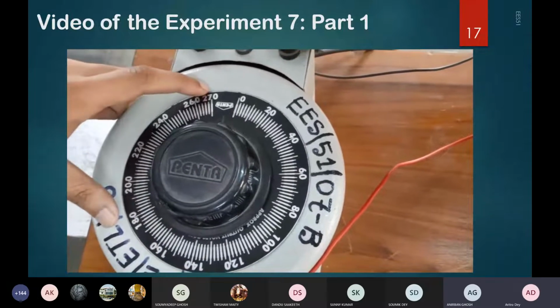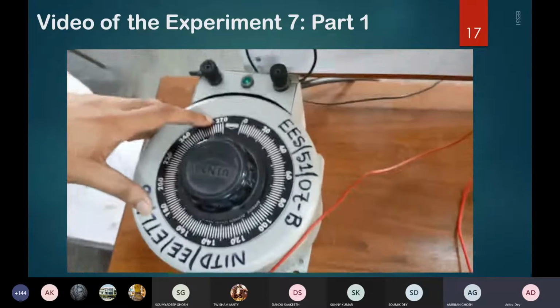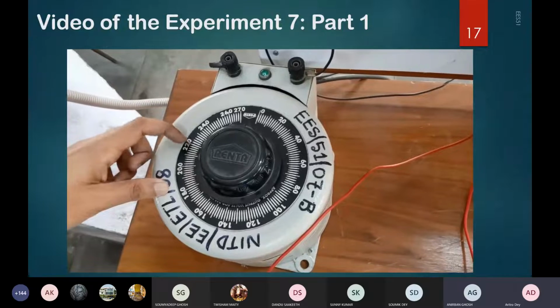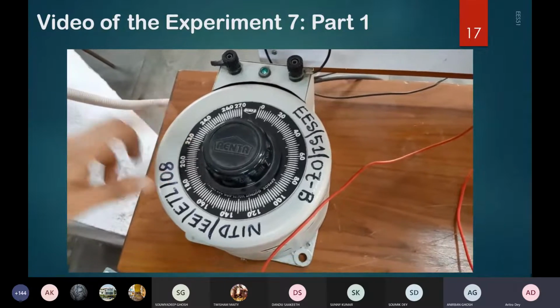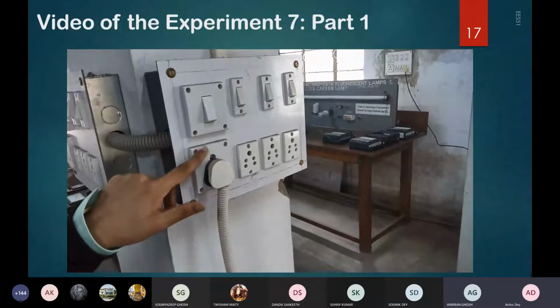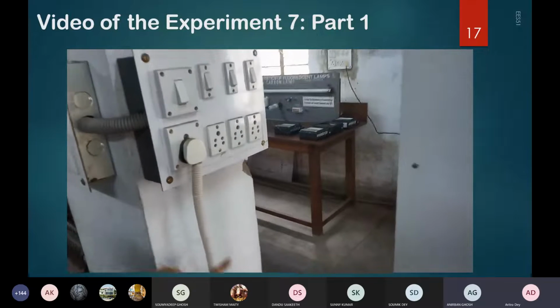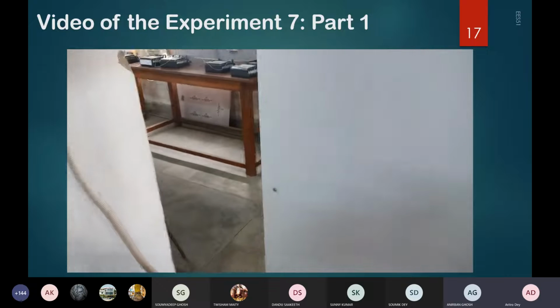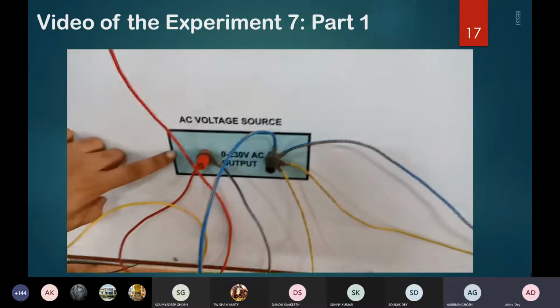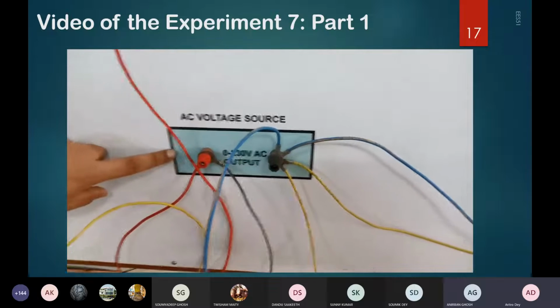Here we can go at most 270 as seen from the variac dial, but for this particular experiment we'll go till 220. This is your main, the 230 volt 50 hertz source, which goes to the variac, and from the variac it goes to your circuit. This is the point where the variac is connected.